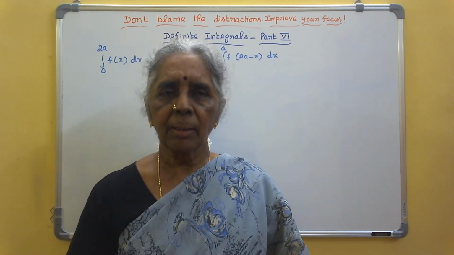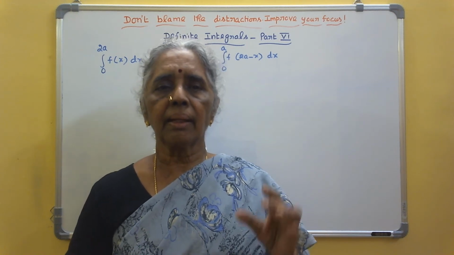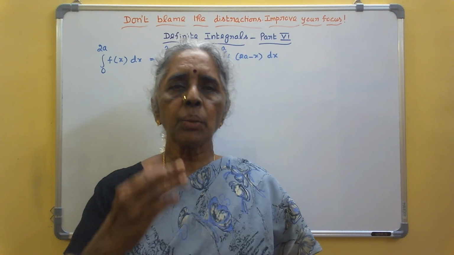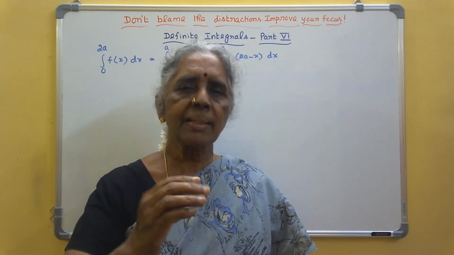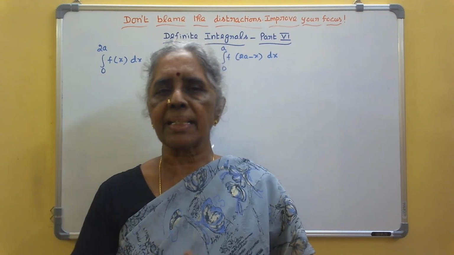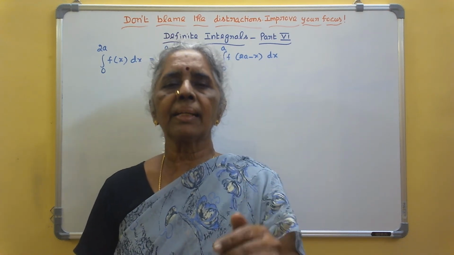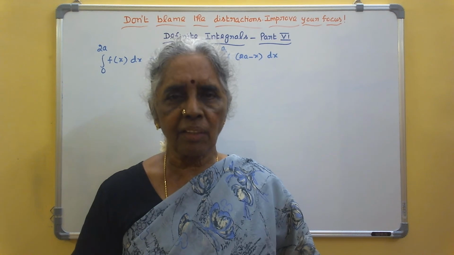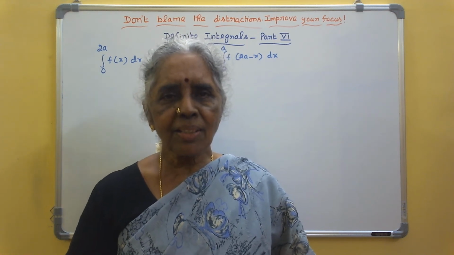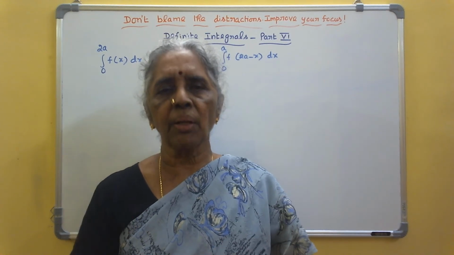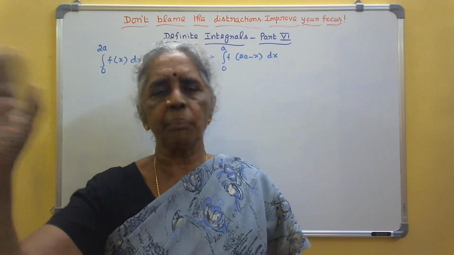Then integral a to b f of x dx is equal to integral a to c f of x dx plus integral c to b f of x dx, where a less than c less than b. This property we use for which sums? When the integrand is a modulus function or a greatest integer function, mainly modulus.